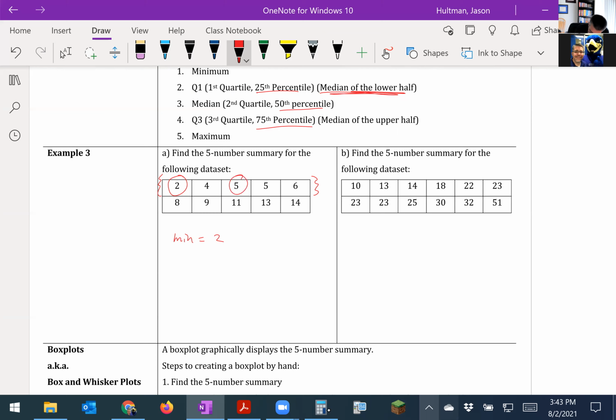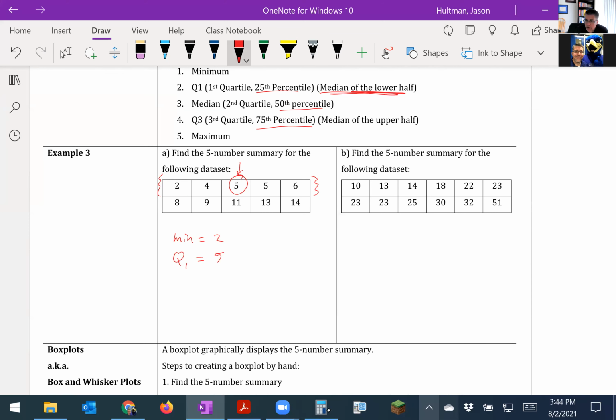Well, it's 5. 5 is right in the middle. It's the median of that half, what we would call the 25th percentile. So Q1, the first quartile, is equal to 5.